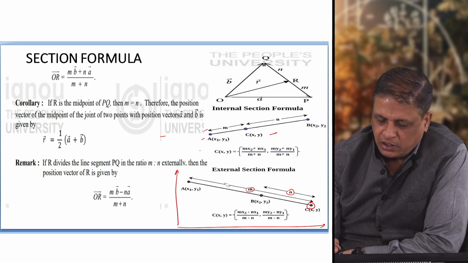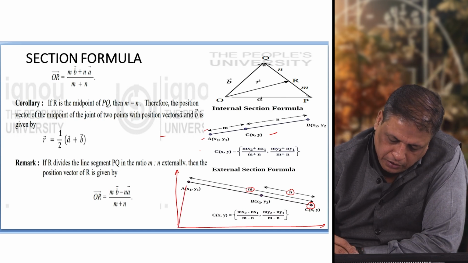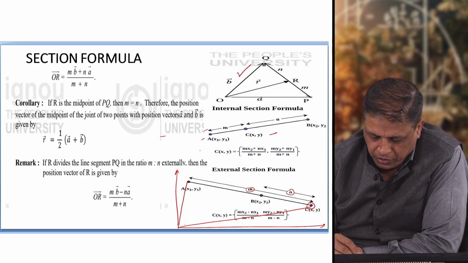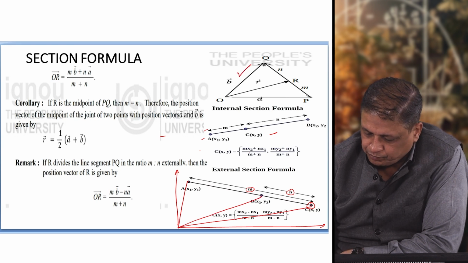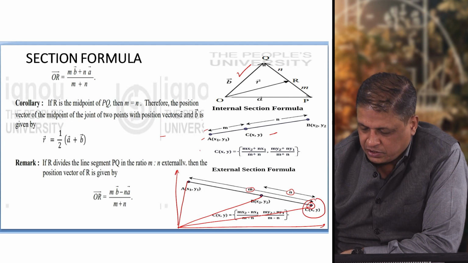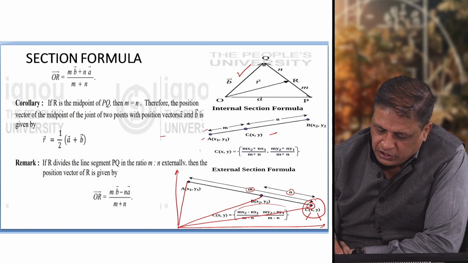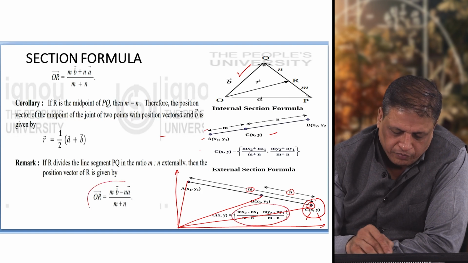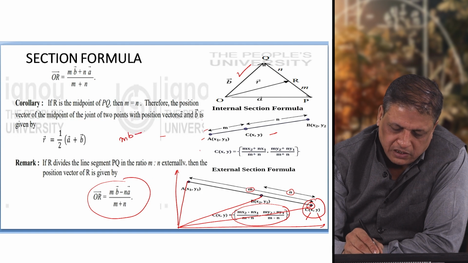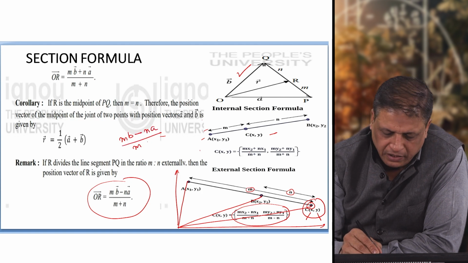So, in this case the external section formula will apply, and by resolving this figure into the figure shown over here, you can always find the coordinates of point C, that is x and y, by this formula. This formula is nothing but m times B minus n times A upon m minus n.